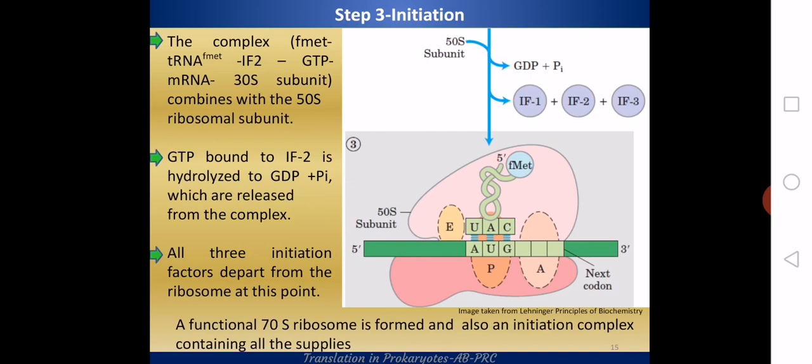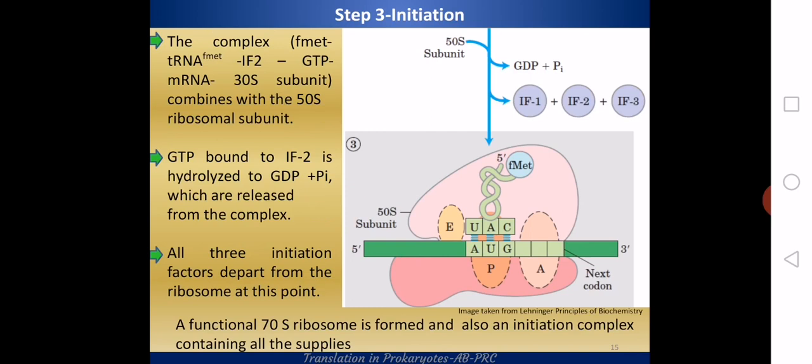Actually, IF3 will be released even before that, on attachment of the fMet tRNA fMet GTP IF2 complex itself, and following the hydrolysis of GTP, IF3 will be released.